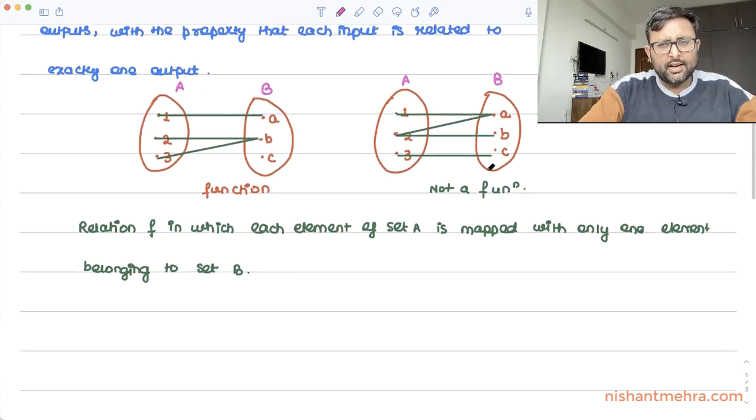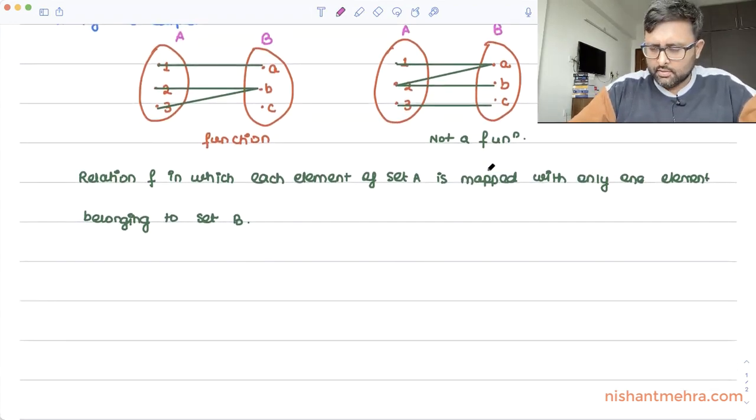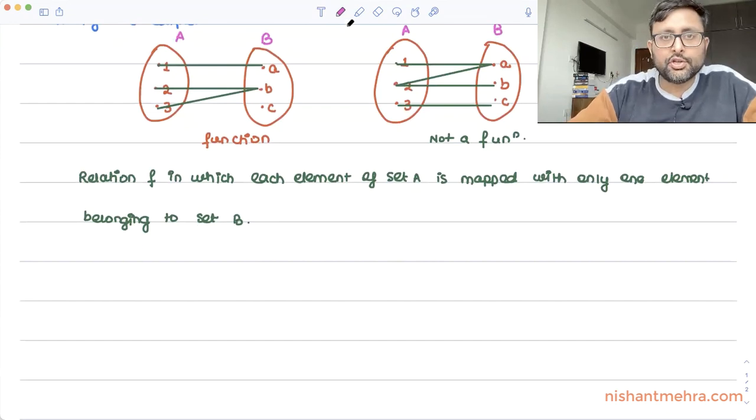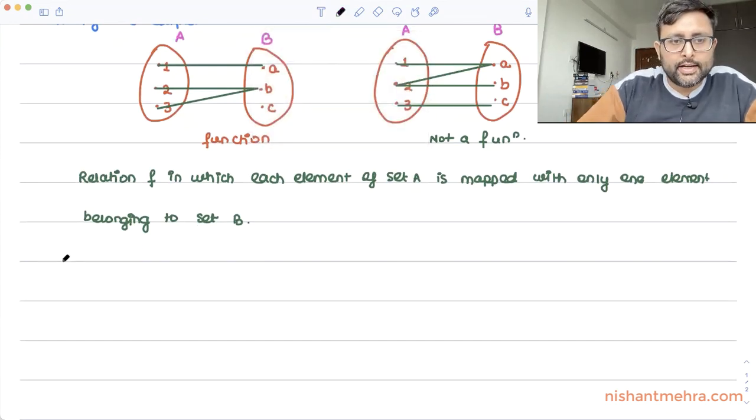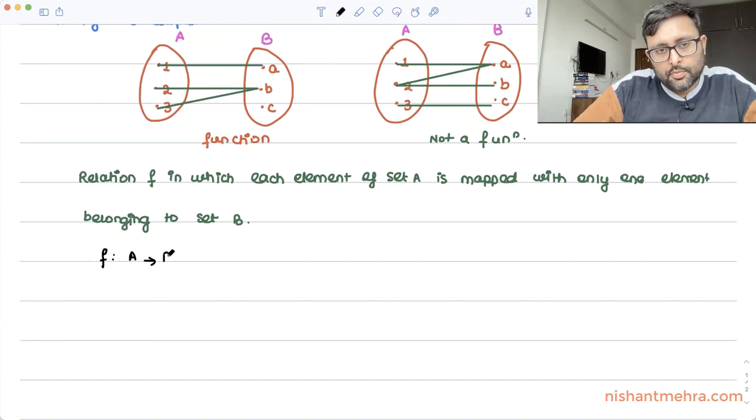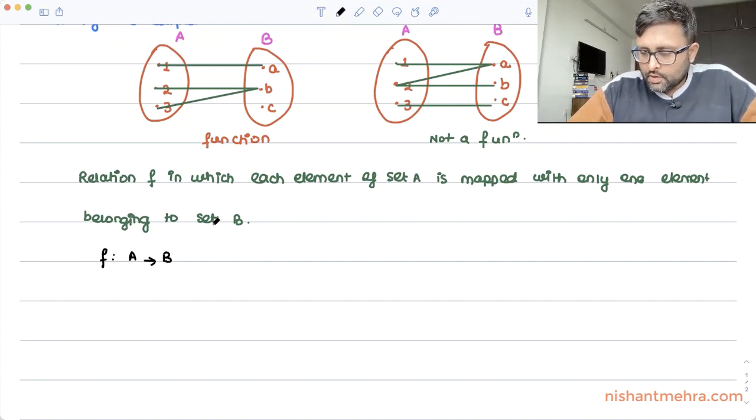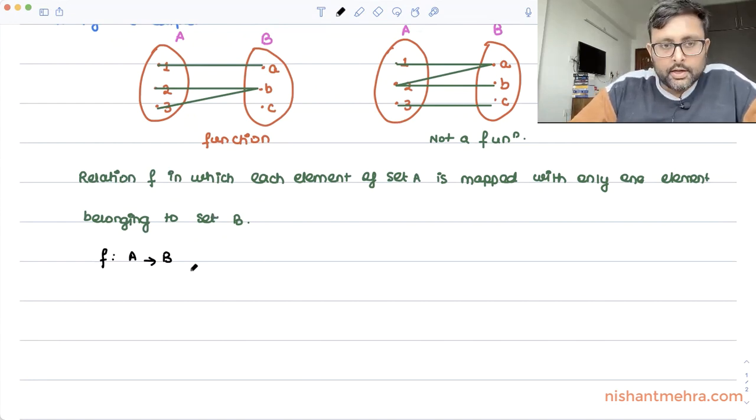So can we write a little more formal definition than the above one? So how do you write this? There is a function F which is going from A to B, where A is the domain and B is the codomain.